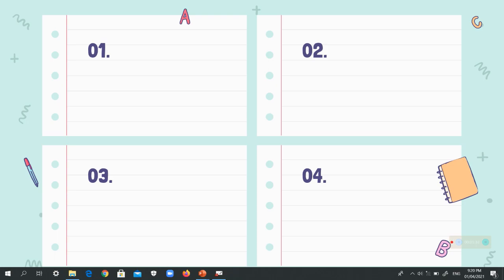The first one is this. How will you read this symbol? Can you still remember it from your elementary grades? Correct, this is read as is greater than. How about number 2? It is read as is less than.